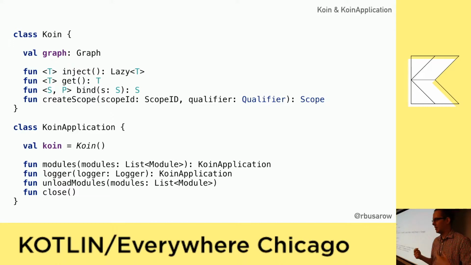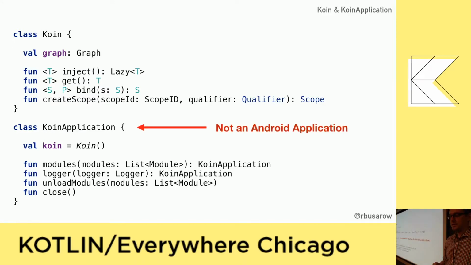It handles bulk insertion of modules, which we'll talk about soon, and adding properties to the Koin instance. But it's important to note this is not an Android application. When I first saw this, I thought the Koin application is like the Dagger application. Just subclass this, and then you're good to go. So, totally different, not an Android thing at all.